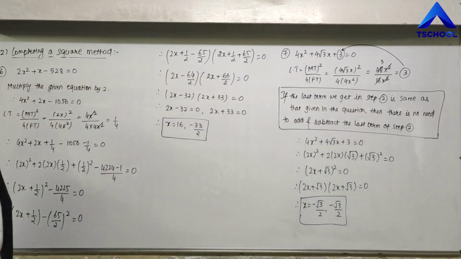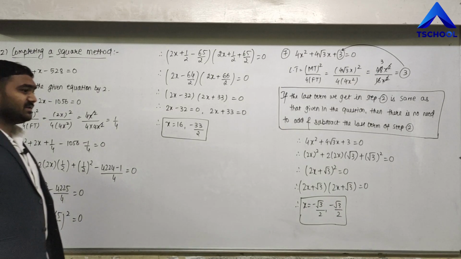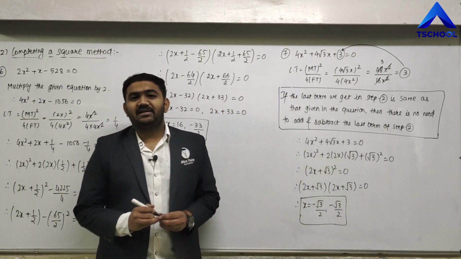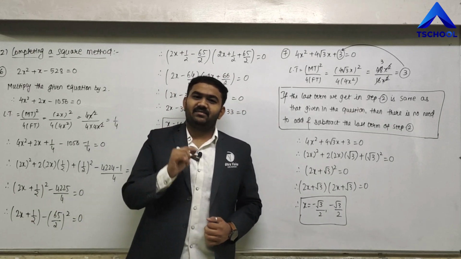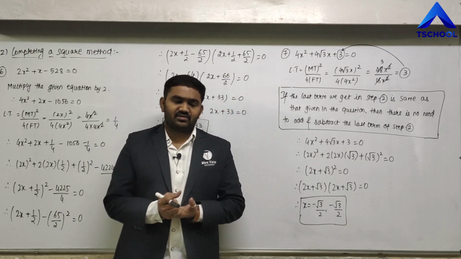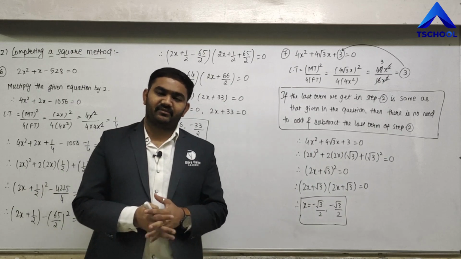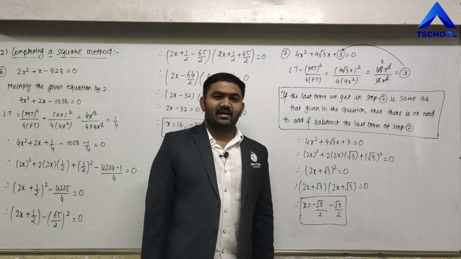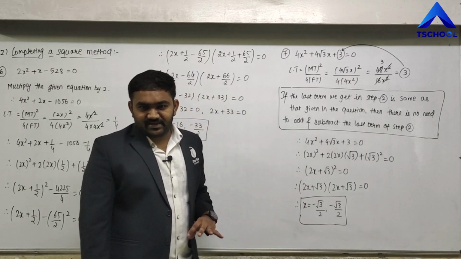So friends, take a look over here. If the last term that we get in step number 2 is exactly the same as that given in the question, then there is no need to add and subtract the last term because it is already the same.